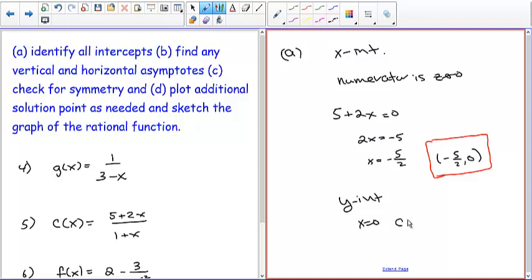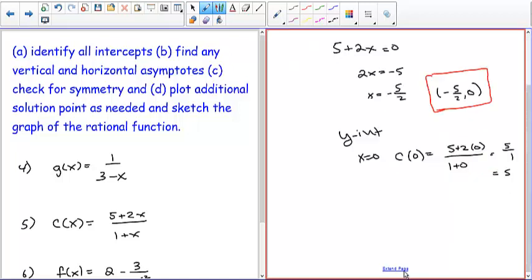So you're evaluating this function c at x equals 0. So you get 5 plus 2 times 0 divided by 1 plus 0. So we're just taking the function, and you get 5 over 1, which is 5. So that's my y-intercept. So I'm going to say that is going to be 0, comma 5. Okay, so that's another point.